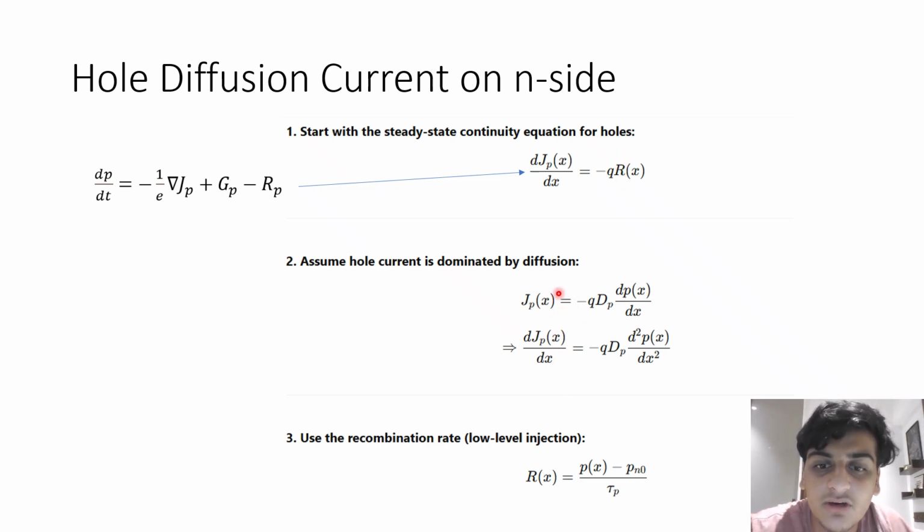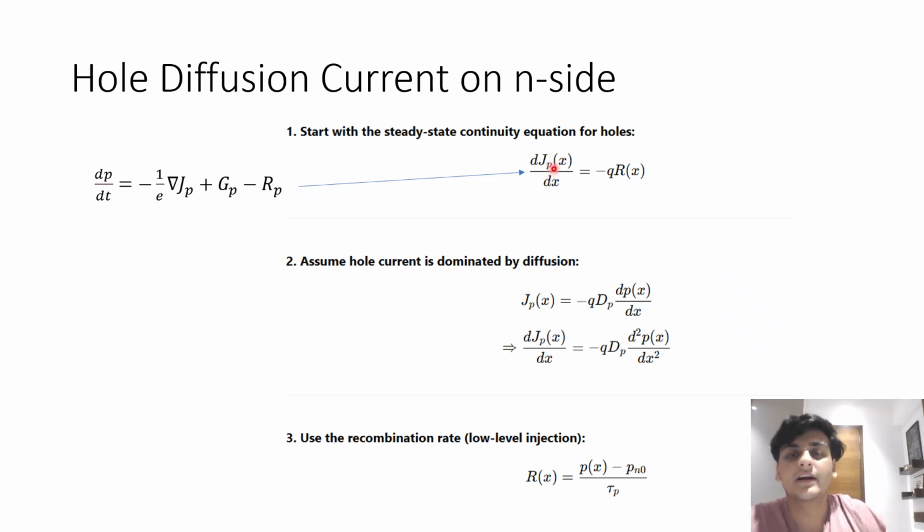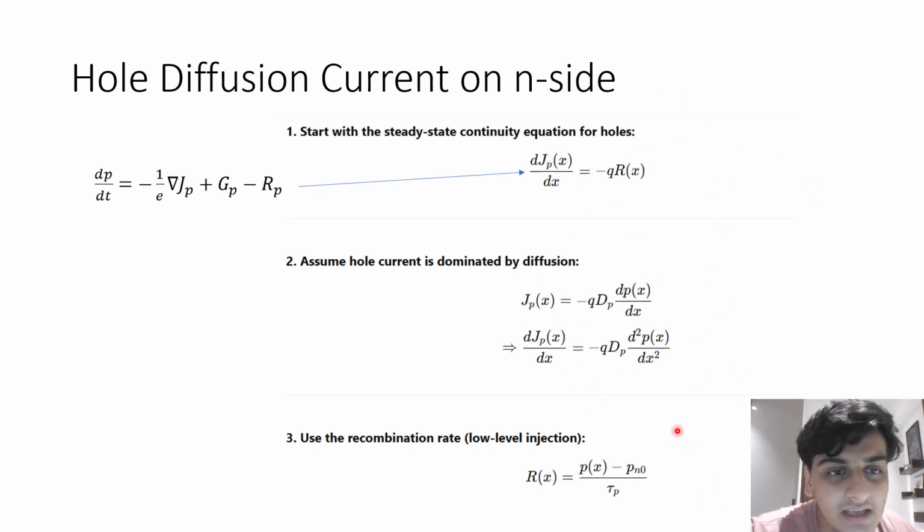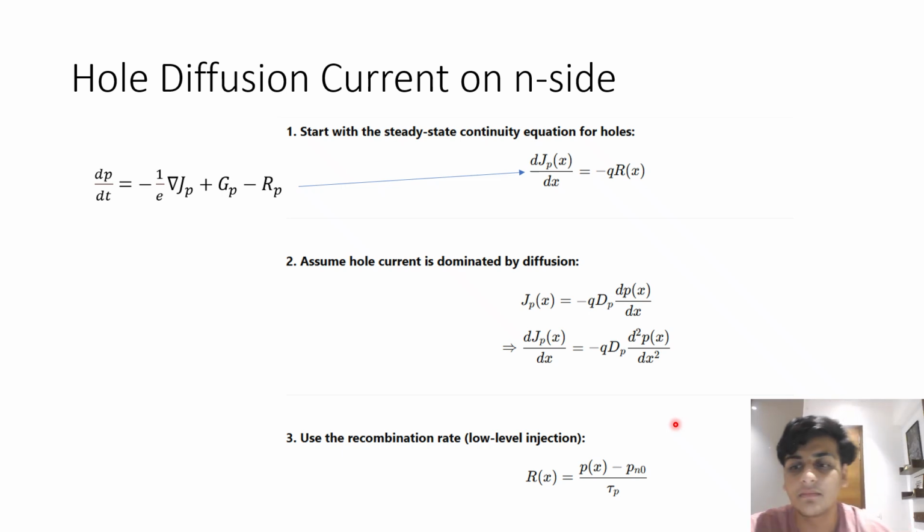So what we are essentially trying to do is differentiate this, and we have two expressions for dJ/dx. We'll equate those two expressions and get an expression for the hole concentration as a function of x. Remember, what we did in the last slide was find the hole concentration at the edge of the n side of the material.